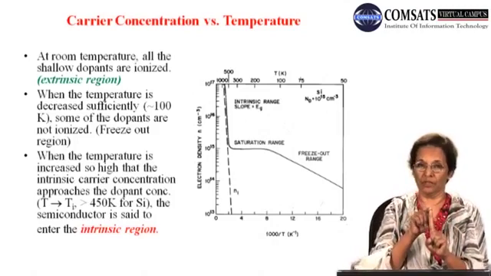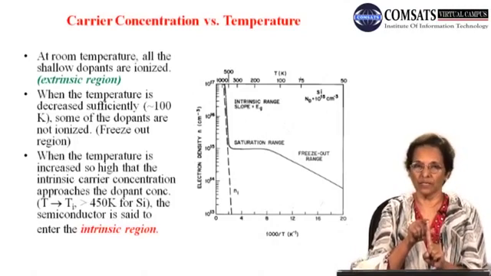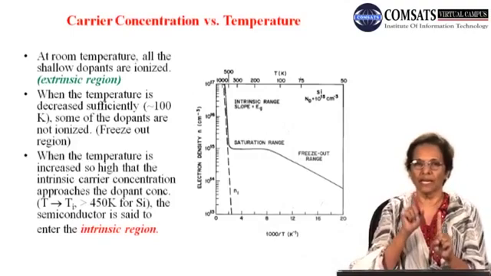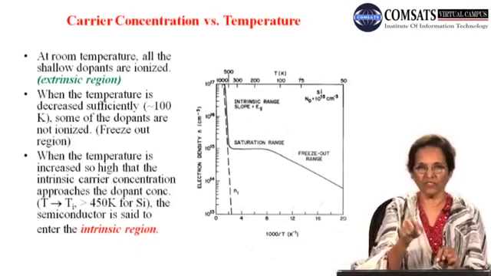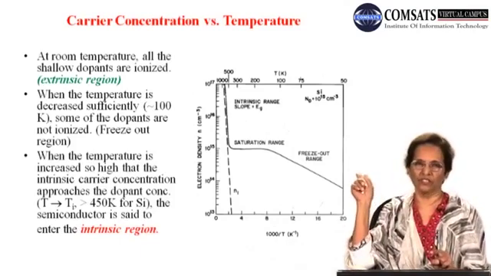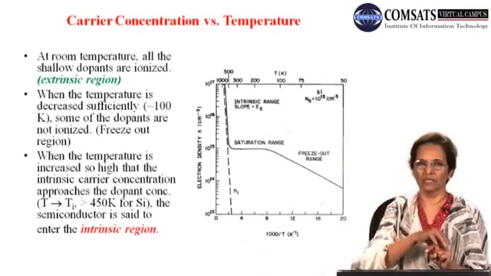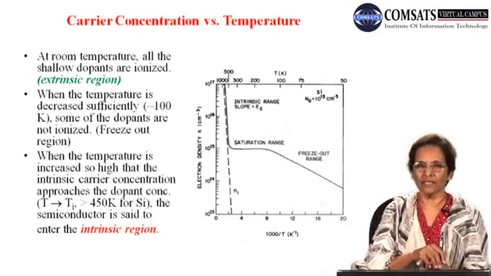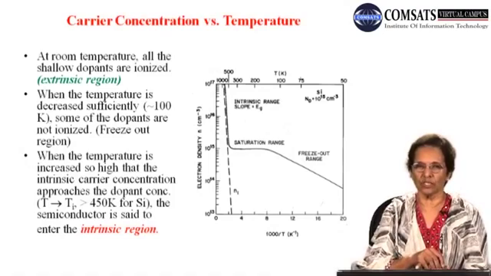Let's do the following two processes. Increase the temperature of a material which is now extrinsic, which is now doped, at high temperatures, as this slide demonstrates, both schematically with the help of a diagram as well as the text, that carrier concentration increases exponentially.